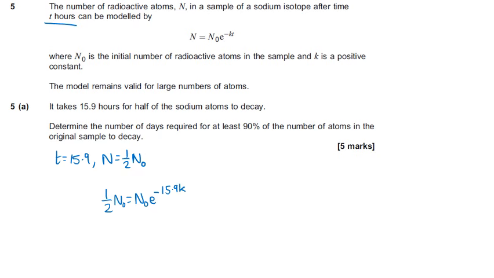The n0s clearly cancel out. And then if we take logs and rearrange that, we get k is equal to natural logarithm of a half divided by minus 15.9. And that is approximately 0.0404359.